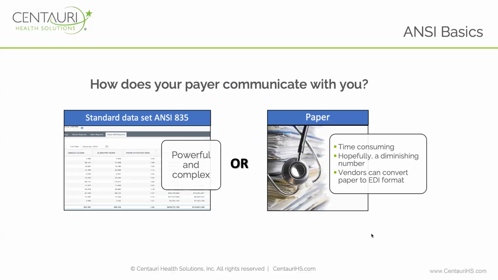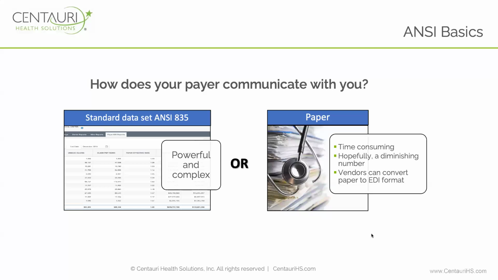They can be referred to by a lot of different names, but at the end, what they really should be doing is making our life easier. And I say that as somebody who's actually sat down at an IBM SelectWrite and typed out a UB82, which was the predecessor to the UB92, which is the predecessor to the UB04, which is now the ANSI 837. These are very powerful data sets.